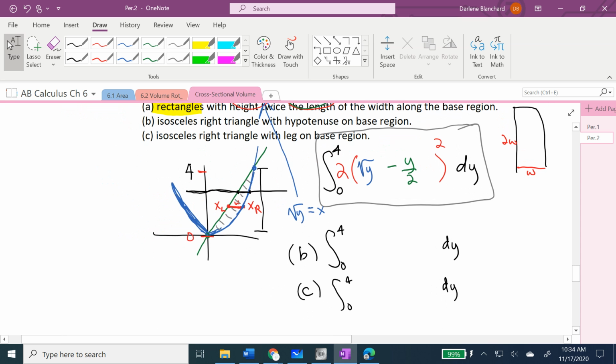The only difference is the area formula. If you have a right triangle with the hypotenuse on the base, then the area formula is 1/4 times the length of the side squared. If it's an isosceles right triangle with a leg on the base, then it's 1/2 length of side squared. And the length of the side continues to be the right x minus the left x.